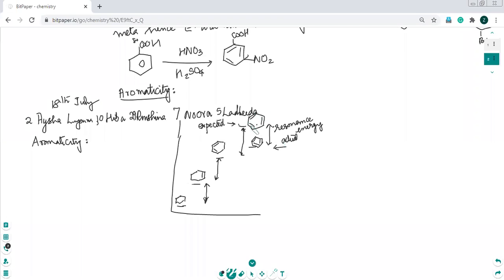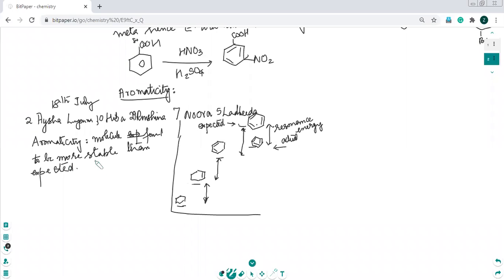That means when you have 3 conjugated double bonds in a 6-membered cyclic ring, the molecule is found to be more stable than expected.